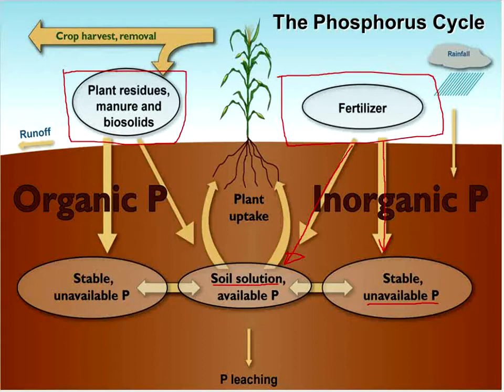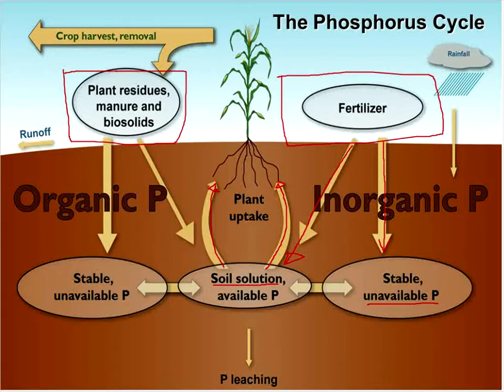Now, over time, a plant takes nutrients out of the soil in a liquid form. The nutrients, for the most part, get into the plant through the water that's moving into the plant. So as the plant takes up water, it takes up nutrients out of this soil solution phosphorus pool.